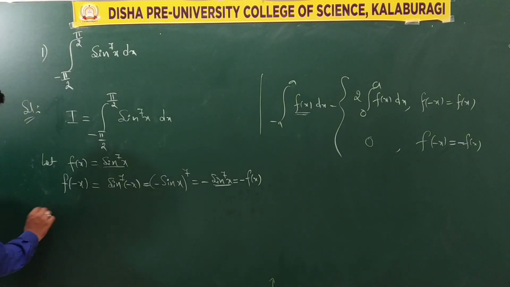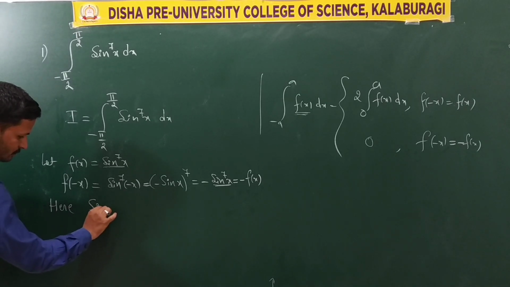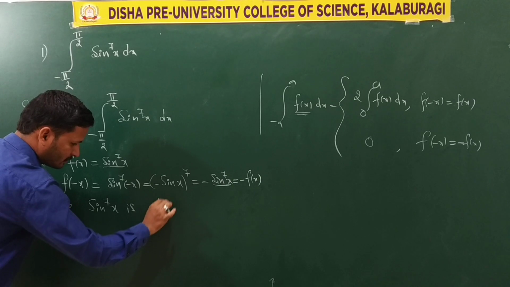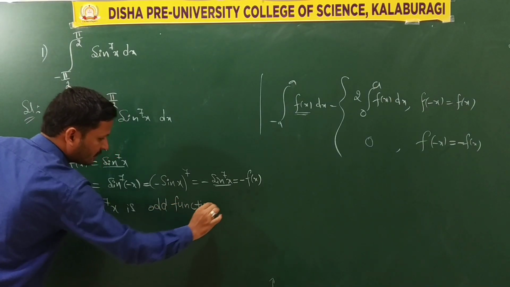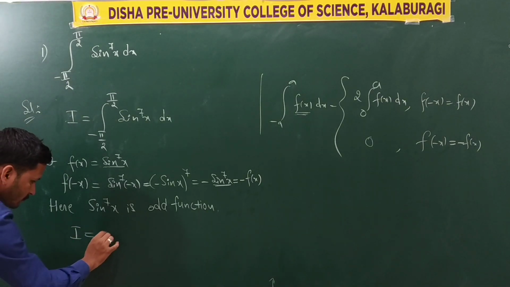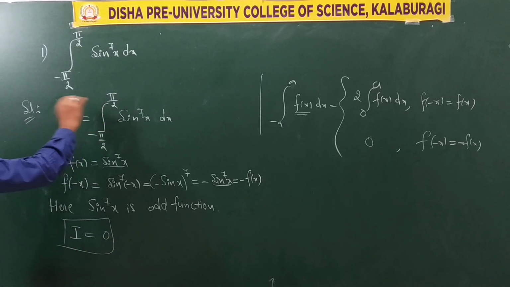So here sin raised to 7x is an odd function. So that integral I is equal to 0. Integral I value is 0.